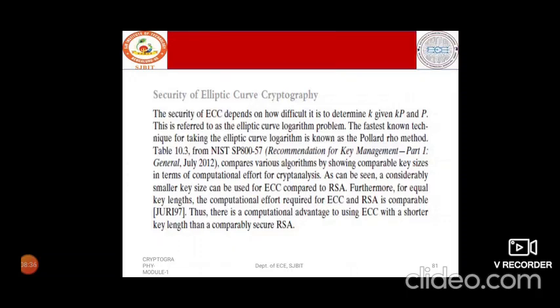This compares various algorithms by showing comparable key sizes in terms of computational effort for cryptanalysis. As can be seen, a considerably smaller key size can be used for ECC compared to RSA. Further, for equal key lengths, the computational effort required for ECC and RSA is comparable. So there is a computational advantage to using ECC with a shorter key length than a comparably secure RSA.